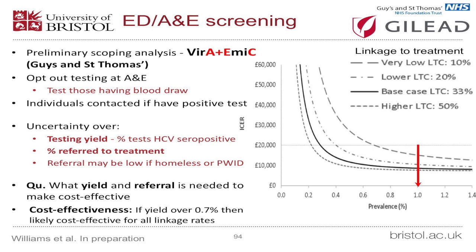So we considered analysis of what level of yield and what level of referral would make this intervention cost effective. And we found that if you had a prevalence over 0.7% antibody prevalence amongst those people in your accident and emergency, then pretty much at quite low levels of referral to treatment, that intervention would still be cost effective in the eyes of NICE.